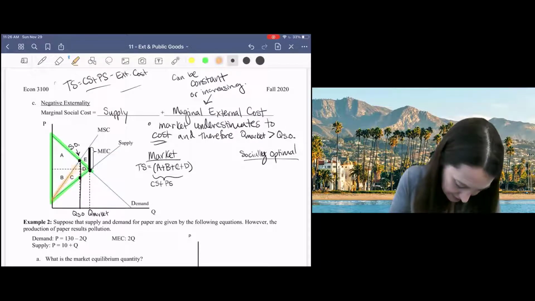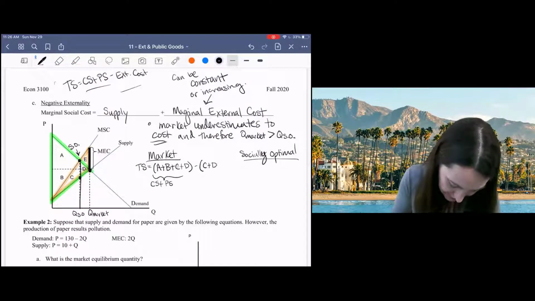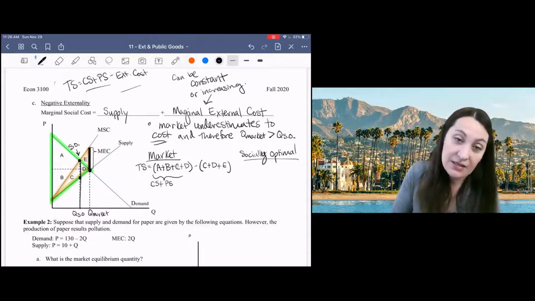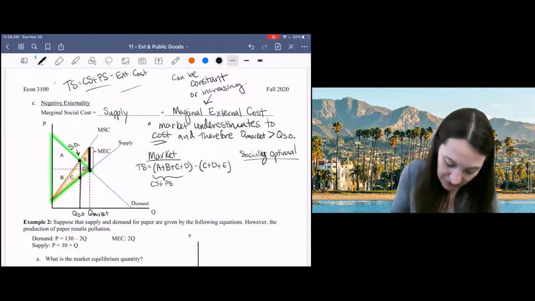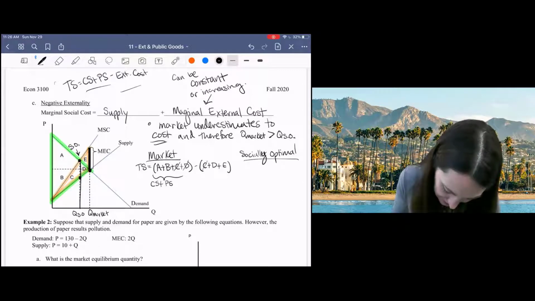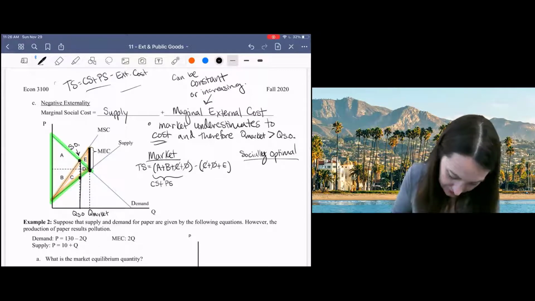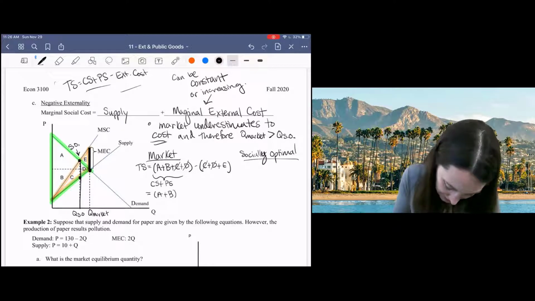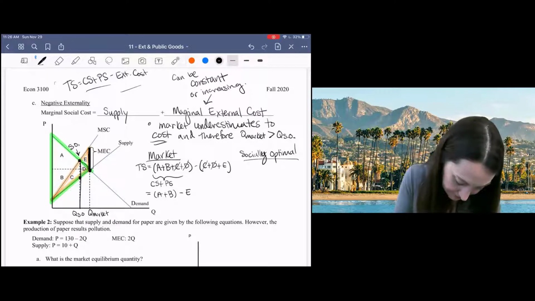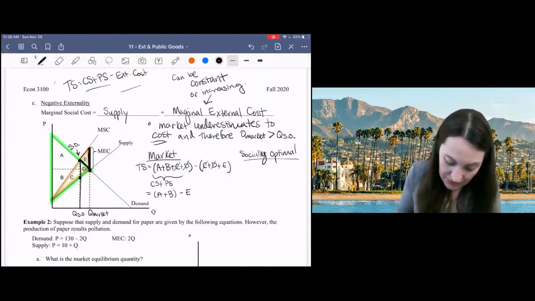So that's going to be the area here between our marginal social cost curve and our supply curve, which is the area C plus D plus E. And you can see that some of these areas overlap, so they will cancel out. So C and D cancel out when I add them together. And then what I'm ending up with here is A plus B minus that area E up here. Okay, so that's my total surplus at the market equilibrium.